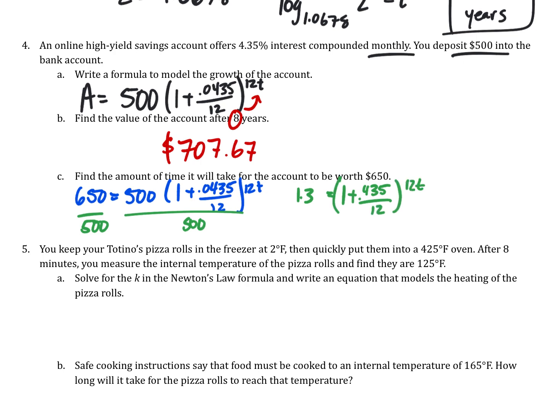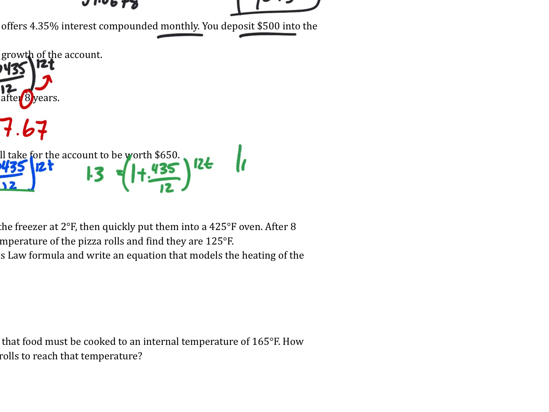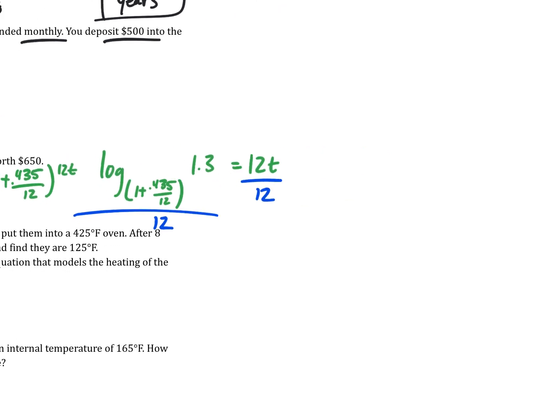So we got to do log base that, parentheses, of 1.3 equals 12t. Divide both sides by 12 and we get our answer, but we just need to type in our calculator to get an answer for our decimal.